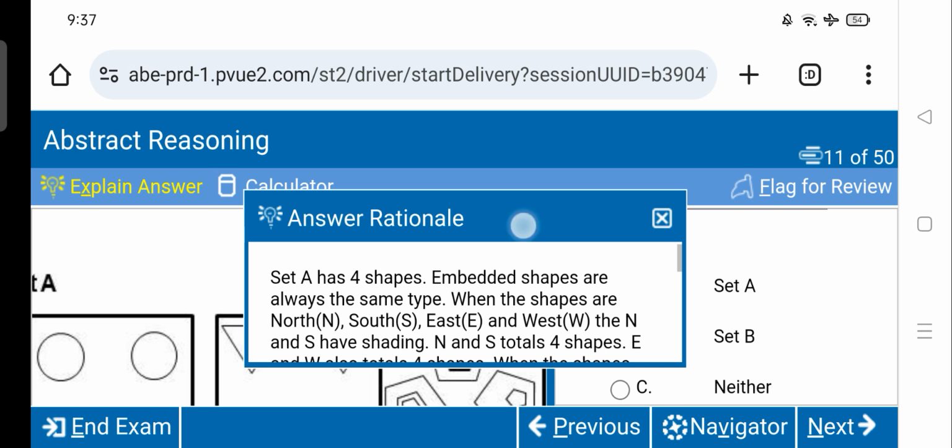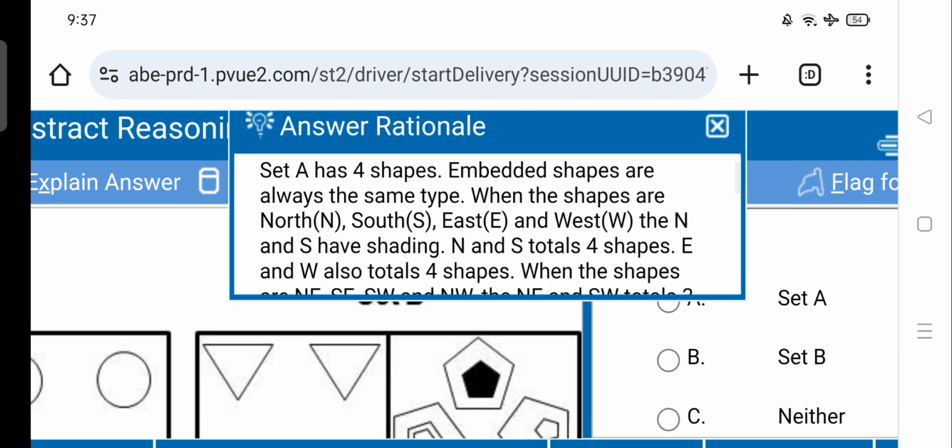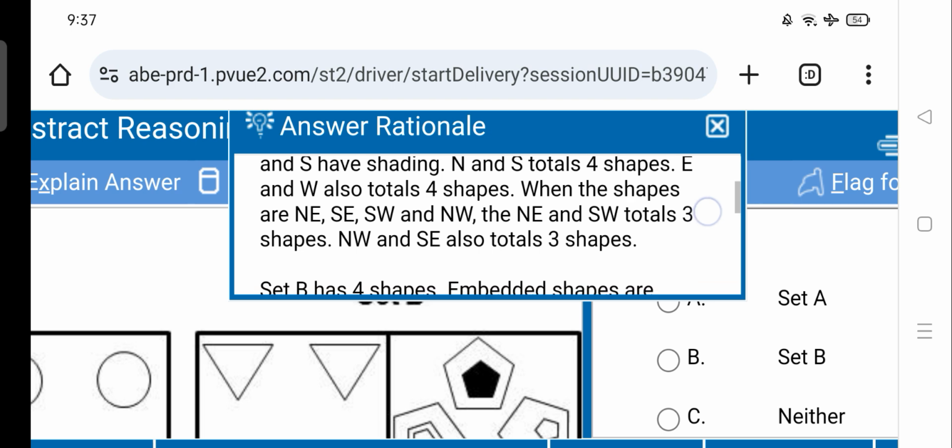Set A has four shapes. Embedded shapes are always the same type. When the shapes are north, south, east and west, the N and S having shading. N and S totals four shapes. E and W also total four shapes. So when the shapes are NE, SE, SW and NW, the NE and SW total three shapes. NW and SE also total three shapes.